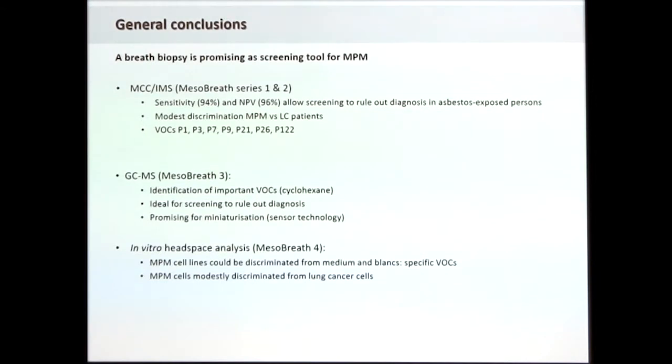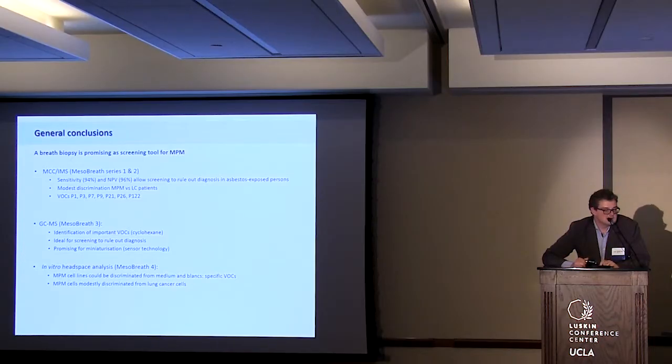And the sensor technology is also promising for future miniaturization based upon the compounds we have identified in the previous study. And the in vitro analysis, which is currently going on, also allowed us to discriminate the medium from the blanks, from the cell lines, and the modest discrimination of lung cancer from mesothelioma reflects the in vivo situation.